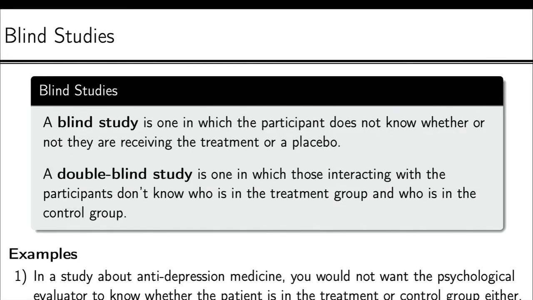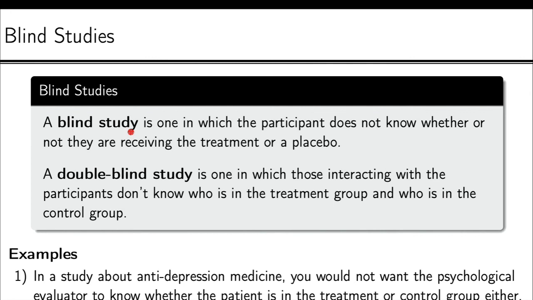Another technique that is used to remove some confounding is something called blinding. And a blind study is when the participant does not know what they're receiving. Okay, so if they're receiving a treatment versus a placebo, you obviously don't want the individuals to know that they're receiving a placebo because that's going to affect the outcome, their perception.